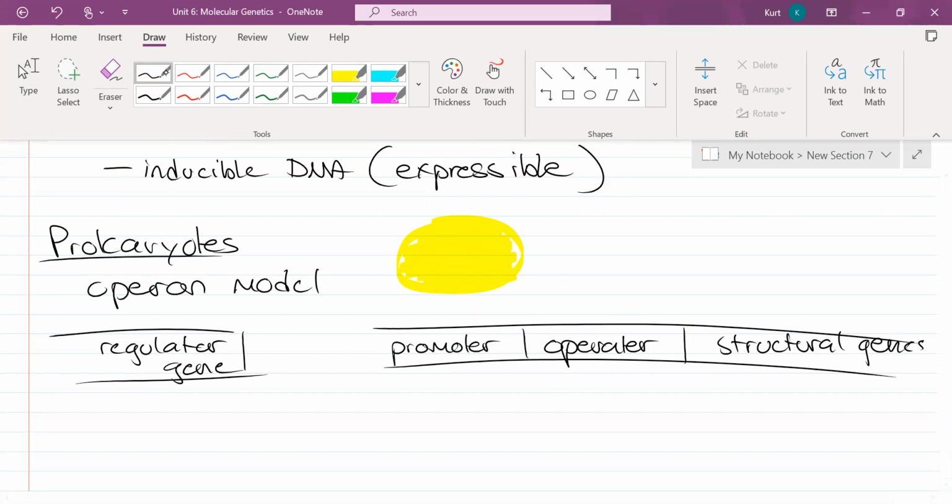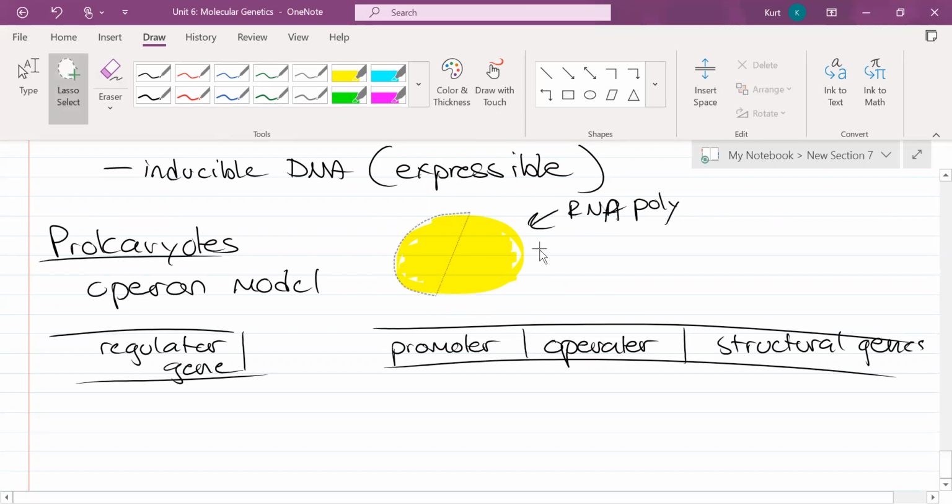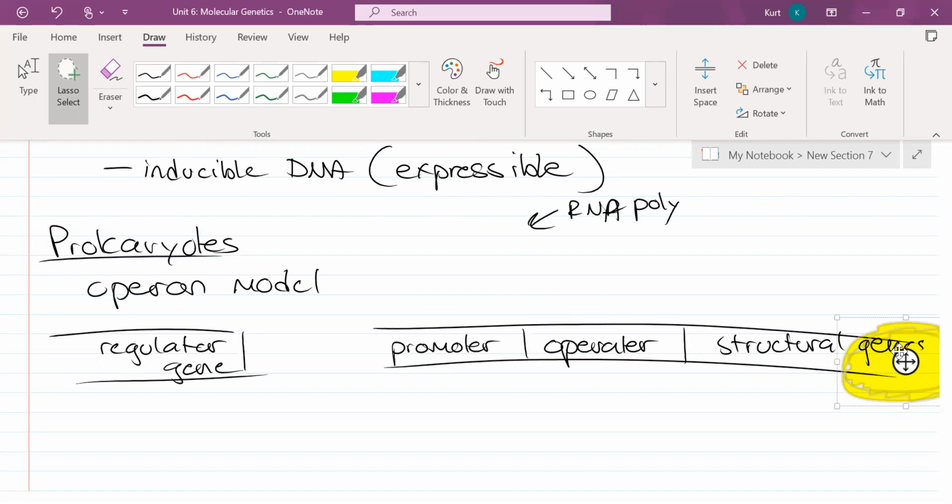Okay, check this out. Here is RNA polymerase. If I have RNA polymerase here, it's going to get onto the promoter, and then it's going to move down the DNA. Do you guys see an inhibitor anywhere to stop this RNA polymerase? No, so this means that the operon is turned on.